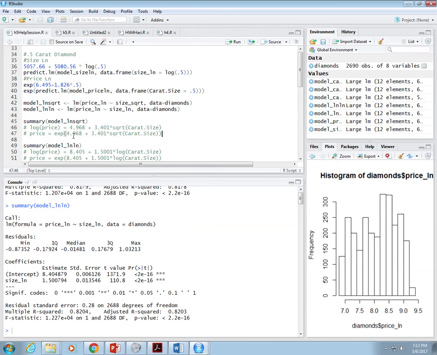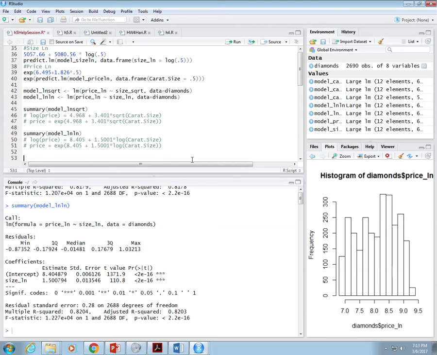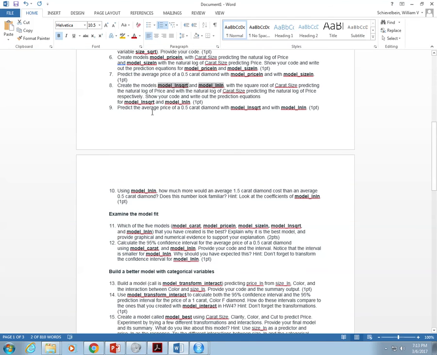But again, you can just plug it into the equation you just wrote, or you can do the predict and make sure you're plugging in the right units in terms of square root carat size or log carat size. And for both of these, you would exponentiate the result. So that's number 9 and 10.